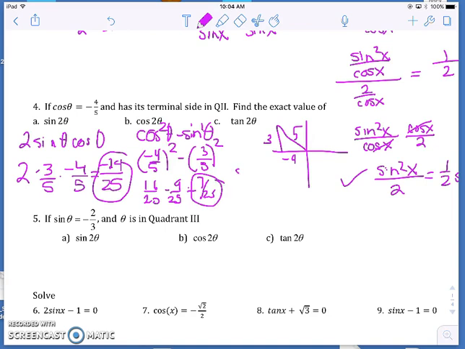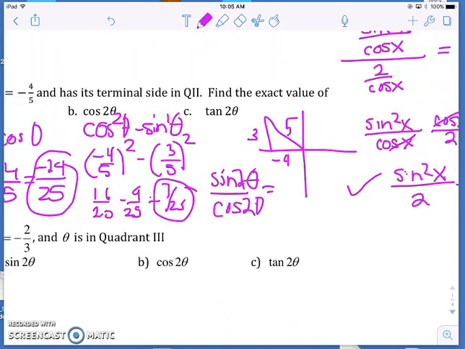And then tangent, we know that's the sine over the cosine of 2 theta. Sorry that this is so messy. Equals, and what was our sine? -24/25 over 7/25. So that would be -24/7.